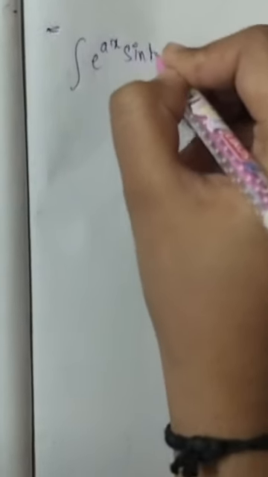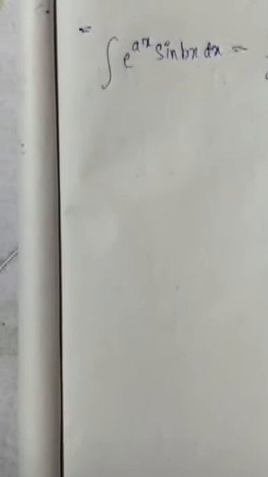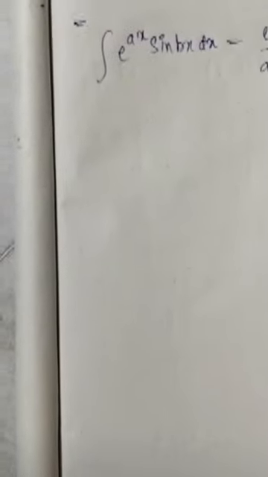Let me tell you that formula: integral e power ax sin bx dx. So this is a formula, that is e power ax by a square plus b square into a sin bx plus b cos bx.